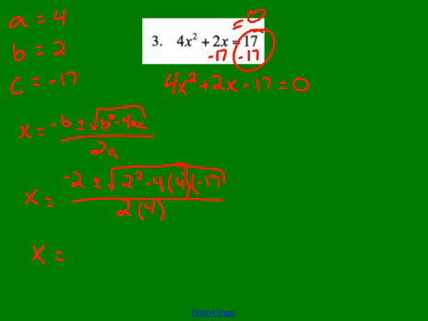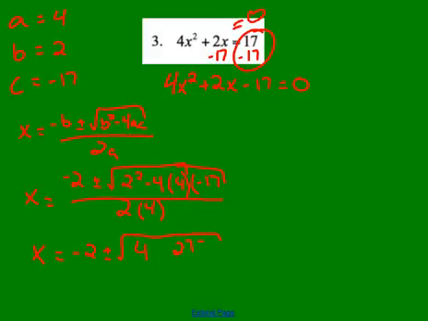So I have x equals negative 2 plus or minus. In this step, I'm going to do 2 squared is 4. I'm going to see a negative. 4 times 4 is 16 times 17 is 272.